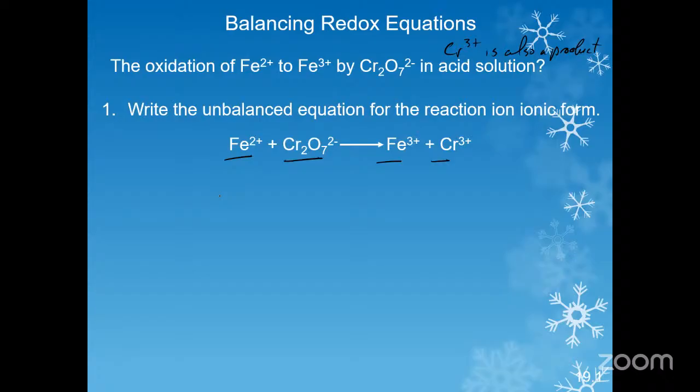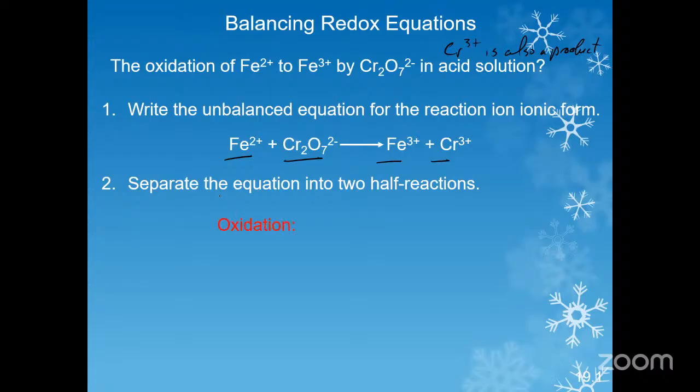You have to write down the unbalanced equation, which means you have to figure out what the reactants are and what the products are. The next step is that you separate this equation into two half equations. One half equation would be the oxidation and the other would be the reduction. The oxidation half equation would be Fe2+ going to Fe3+, and the reduction half equation would simply be the dichromate ion forming the chromium 3+ ion.